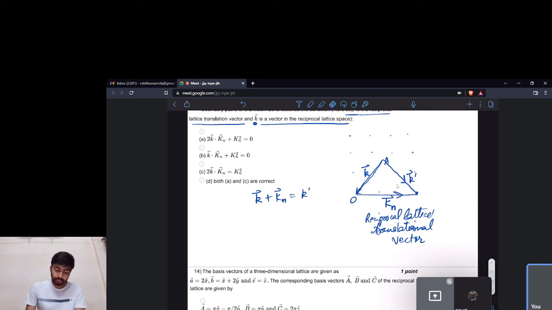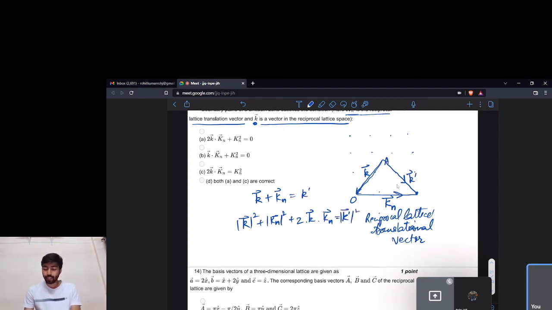So if you square both sides of this vector equation, one can write mod k square plus mod Kn square plus twice of k vector dot Kn vector is equal to mod k prime square.